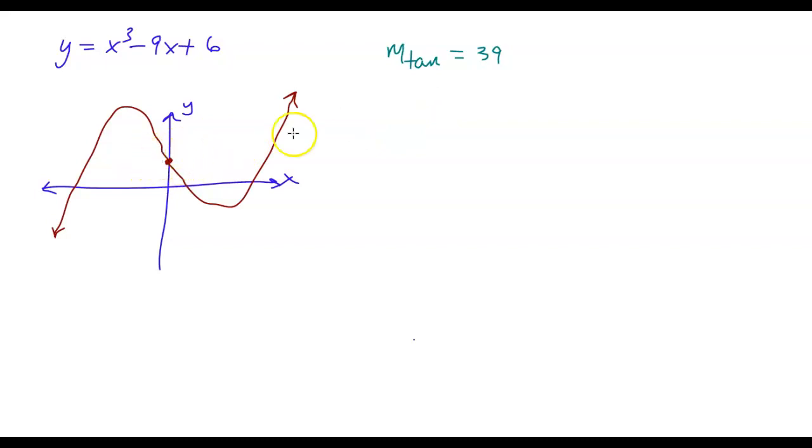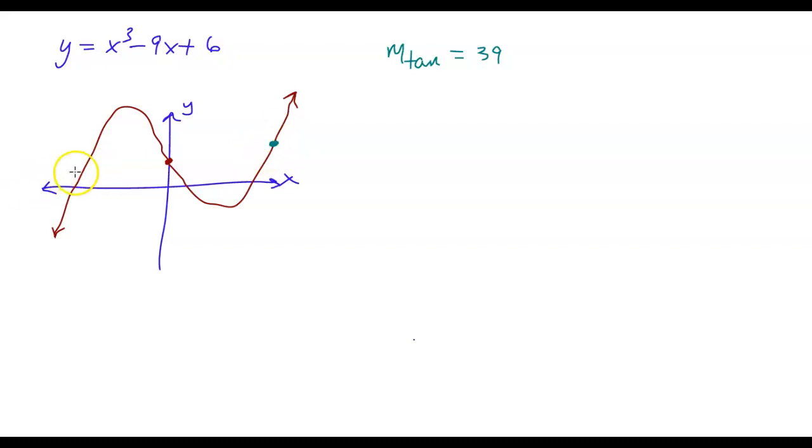Just guessing here, since the slope of the tangent line is positive, it's going to have to be on an area of the graph where it's increasing. Also, since we're looking for more than one equation where the slope is 39, whatever line I find going through this point, as well as the other point I select, is going to have to be parallel.